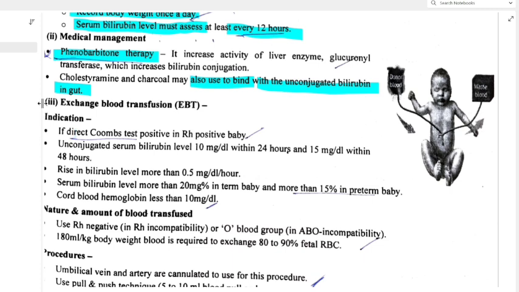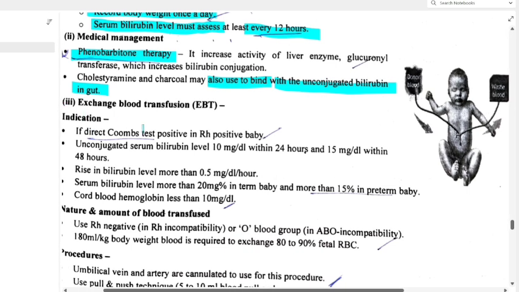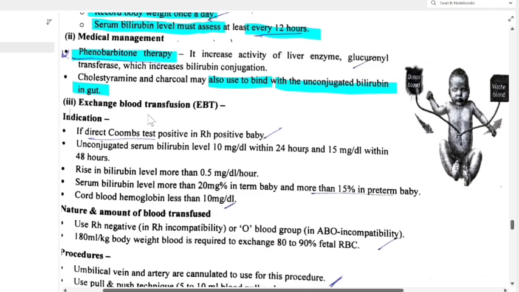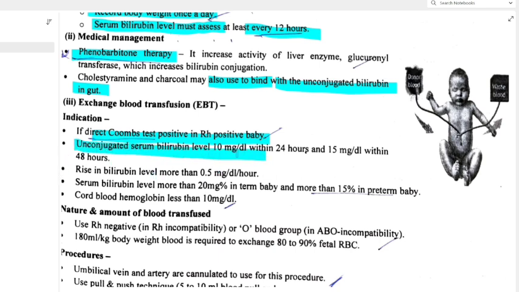Fine. Then exchange blood transfusion, when it is indicated. The indication is if the direct Coombs test is positive in an Rh positive baby. Then unconjugated serum bilirubin level 10 mg per deciliter within 24 hours and 15 mg per deciliter within 48 hours.